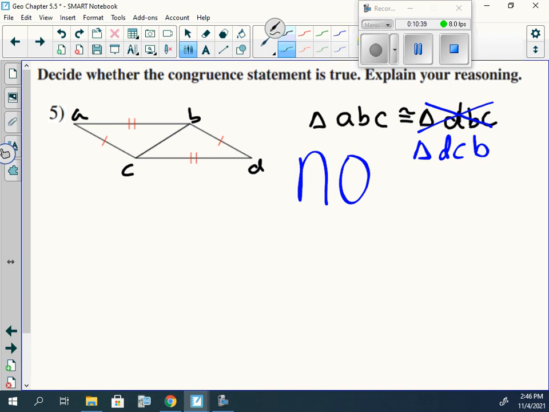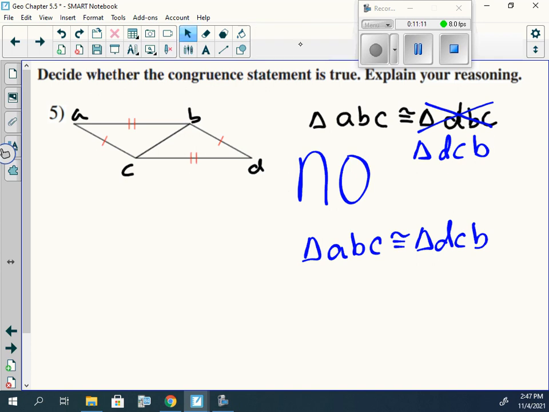It should be triangle ABC. And if one of these does show up on the homework, if this type of problem shows up on the homework, wink, wink, hint, we can say no. No, they're not congruent.